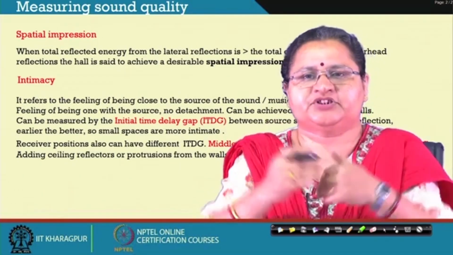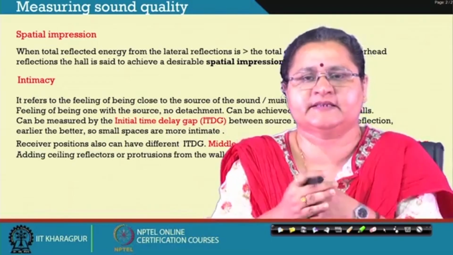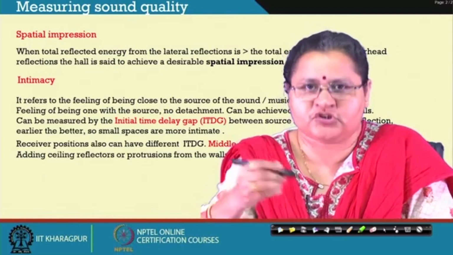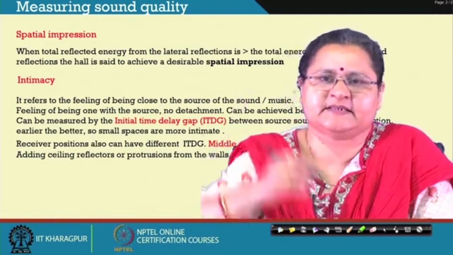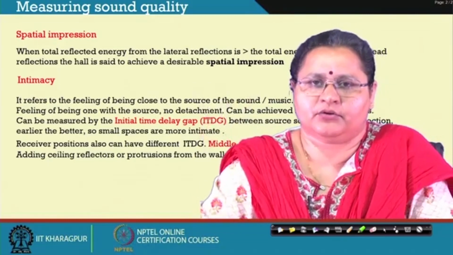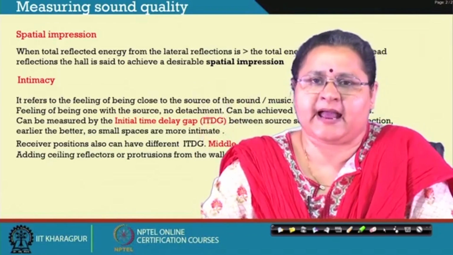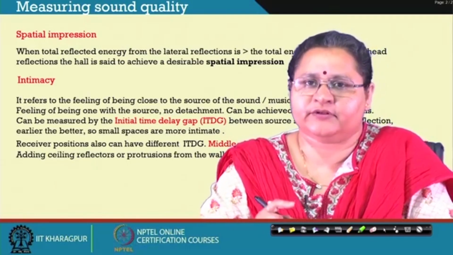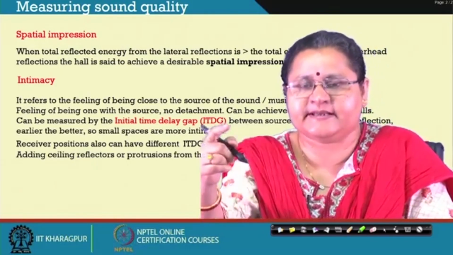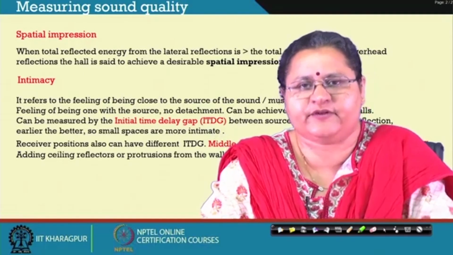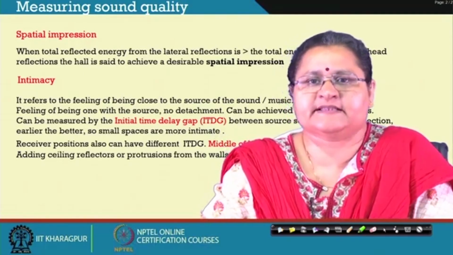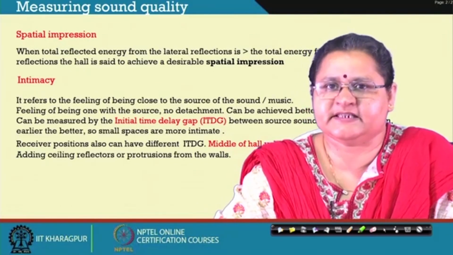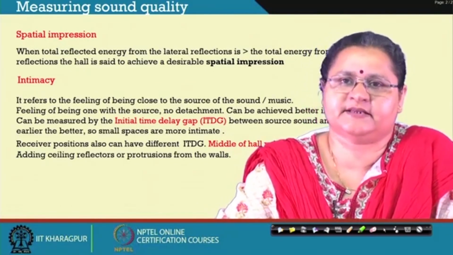So, in the front position it is believed that you will always get direct sound and reflected sound close to it. At the back seat, the direct sound will reach the back, and along with it the reflected sound will reach. So, if the time gap between the direct sound and the first reflection is very small, then the hall is intimate wherever you are sitting in the hall.